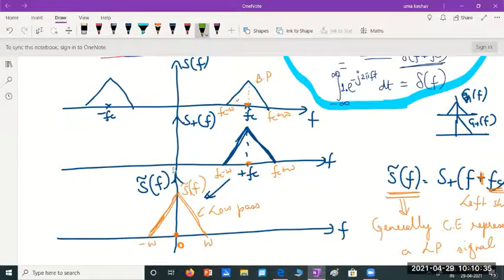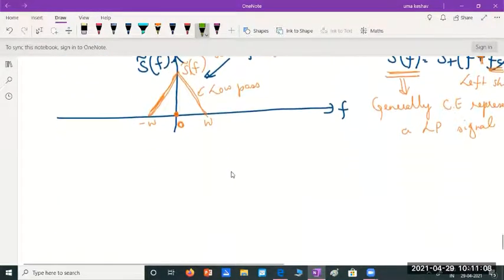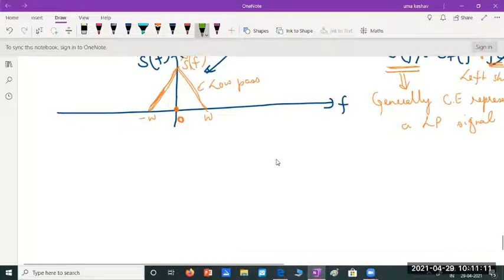Finally, the complex envelope is this pre-envelope left shifted by a factor of Fc. So we'll get a low pass signal. Hence, you can clearly understand that the complex envelope of a given signal is the low pass version of the band pass signal. So the pre-envelope represents the band pass signal, and the complex envelope gives us the low pass equivalent of the band pass signal. So please remember all these things. I hope you don't have any doubts with this.